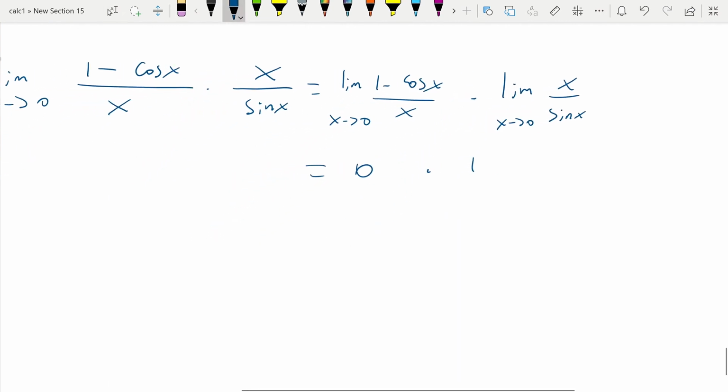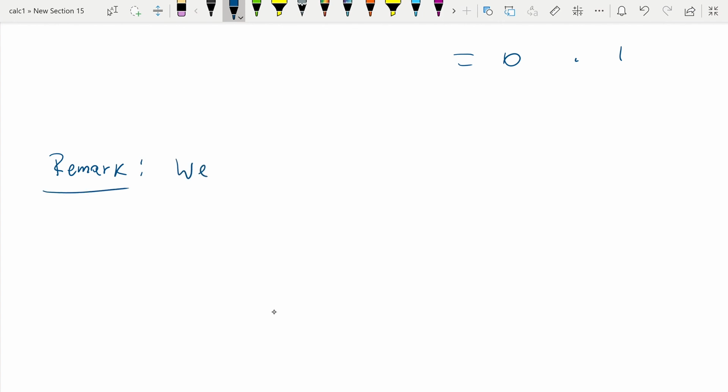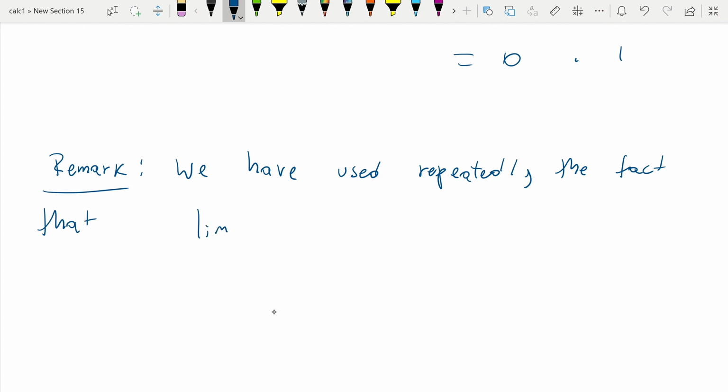Just in case, let's make a small mark. In case it hasn't been clear, we've repeatedly used the fact that the limit of, say, x over sine x as x approaches 0 is equal to 1.